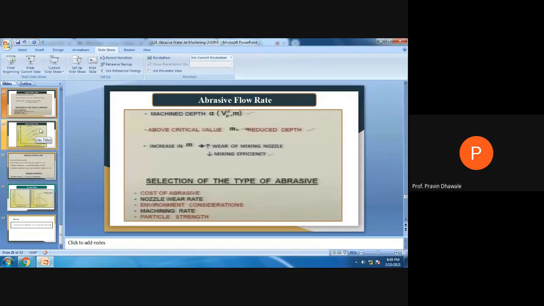From this current slide or two to three slides before this? Hello, Pooja. Now is it visible?